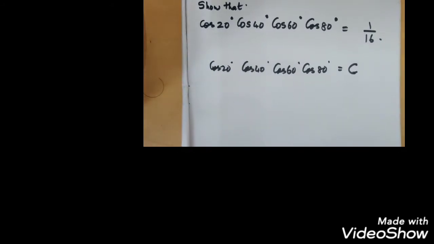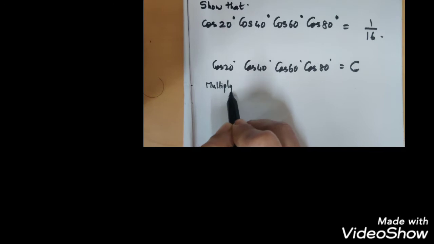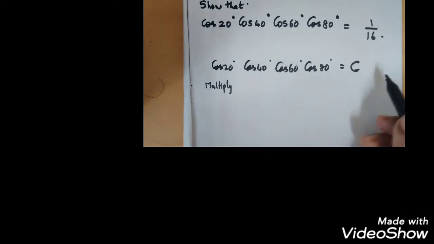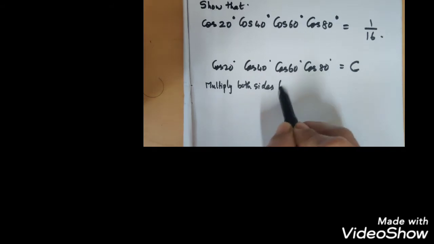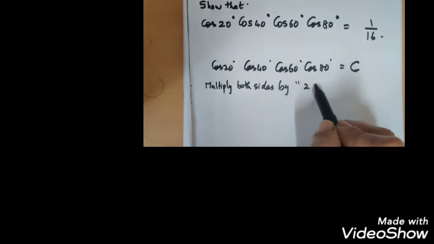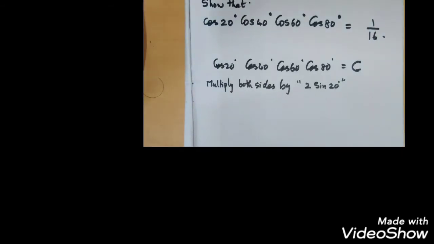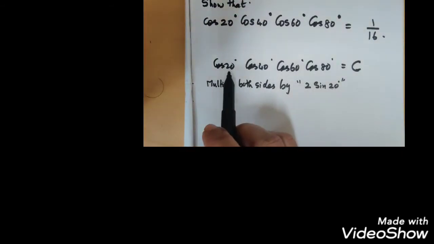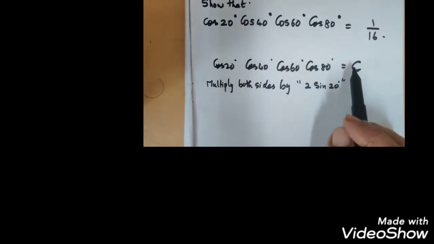So here the catalyst that I'm going to introduce is nothing but 2 sine 20. So multiply, remember what I do on the left hand side, you will do the same on the right hand side. Multiply both sides by my catalyst, which is 2 sine 20. And why am I doing it by 2 sine 20? Because I have a cos 20 and I see that 20 becomes 40, 40 becomes 60, 60 becomes 80.